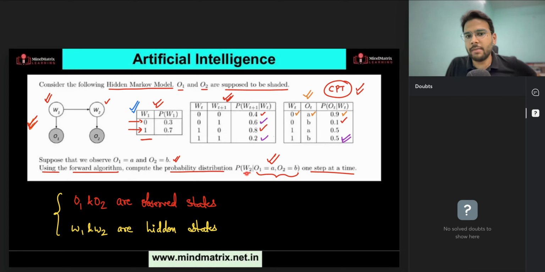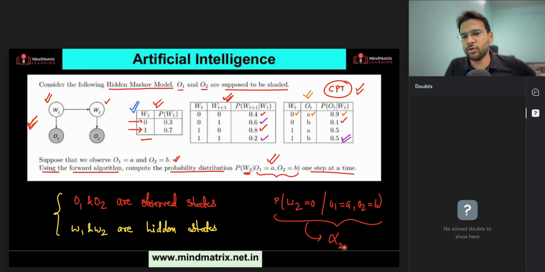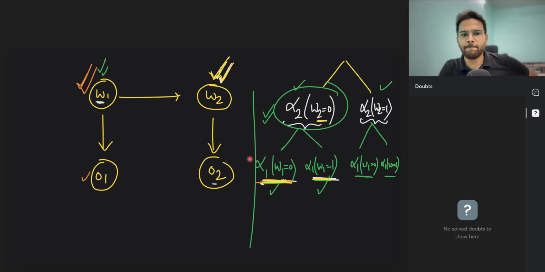So it may also happen that they will provide you this value: probability of W2 is equal to 0, given O1 is equal to A and O2 is equal to B. Now you just have to find this value, and this is nothing but alpha 2 of 0, and you normalize it also, and that will be your answer. So subparts can also be asked. I hope it is clear.